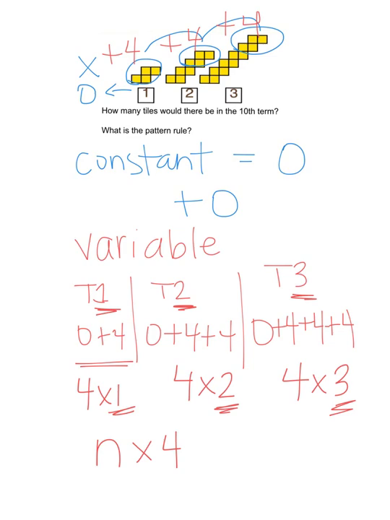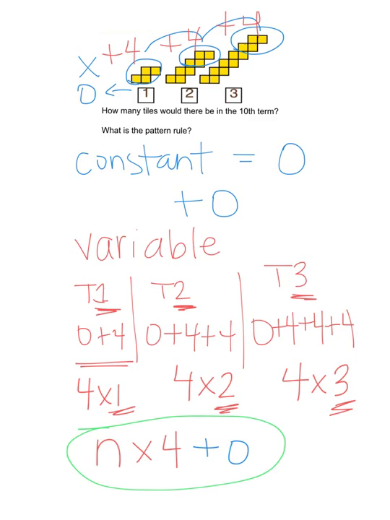So no matter what term I have in the pattern, I can multiply it by 4 to find out the total. And if I go back to what my constant was, my constant is 0. So it's n times 4 plus 0 because I have no constant that I need to add on each time. So my pattern rule then is n times 4 plus 0.